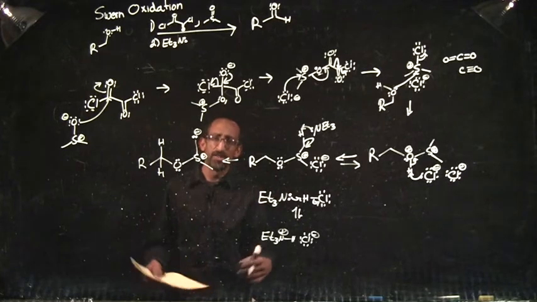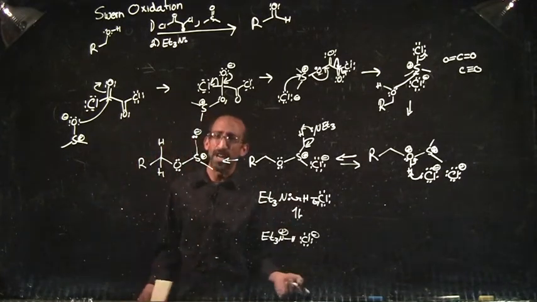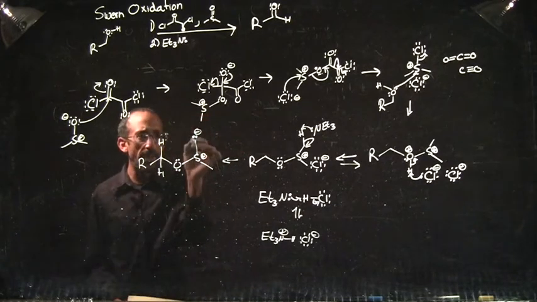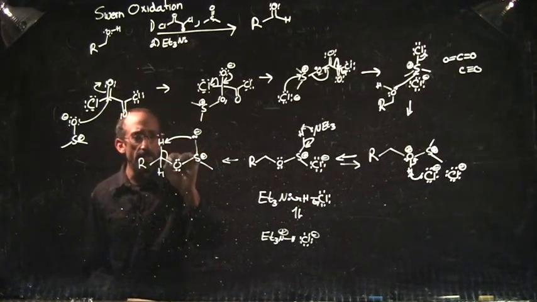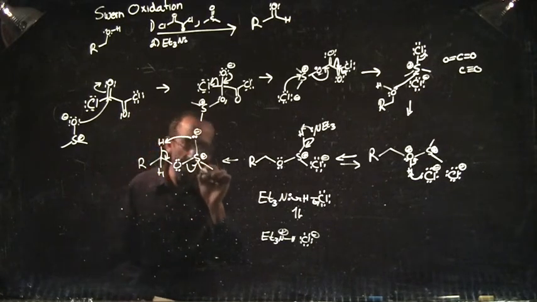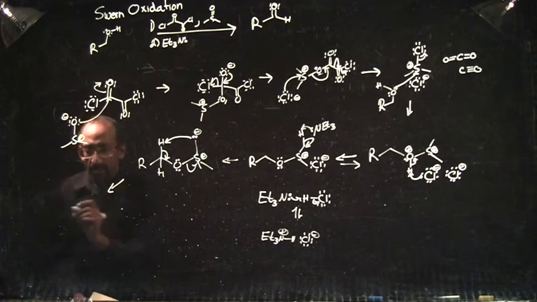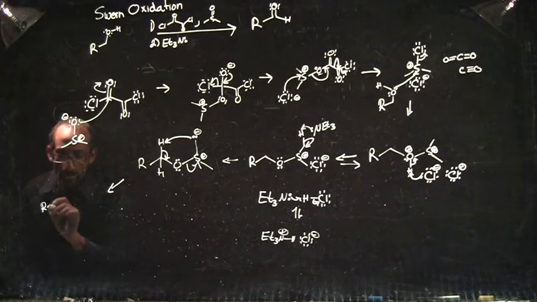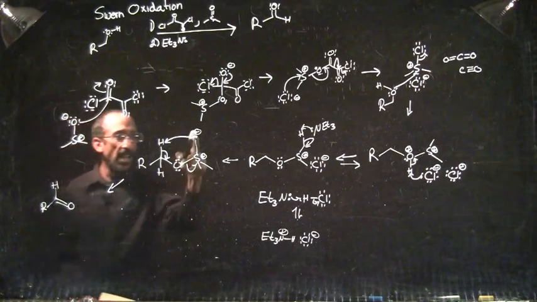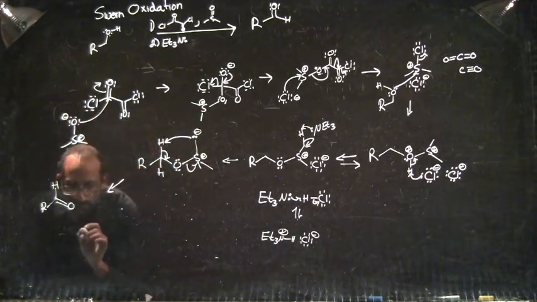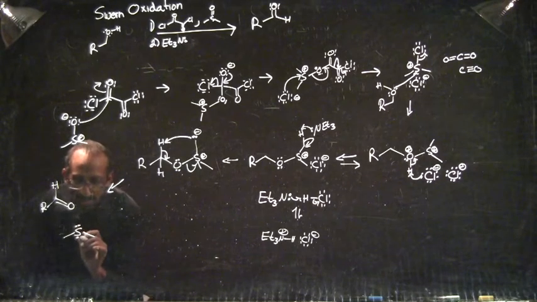This is a deprotonation that's actually exceptionally favorable. Again, this is an E2 style elimination, if you think about it, because simultaneously, while I'm grabbing that hydrogen, I'm going to kick off a leaving group. That's going to leave me with my aldehyde, and I've reprotonated that carbon atom, and I've made dimethyl sulfide at this point.